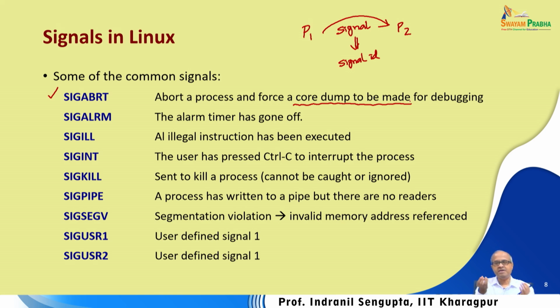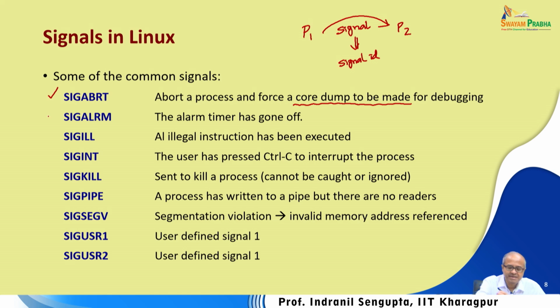So, later on you can open the debugger, load that file and see what is happening, because your program might not be working as desired and you want to find out what is happening. So, you can send a SIGABRT signal to the running program, get a core dump and then debug whatever is wrong there. Okay.